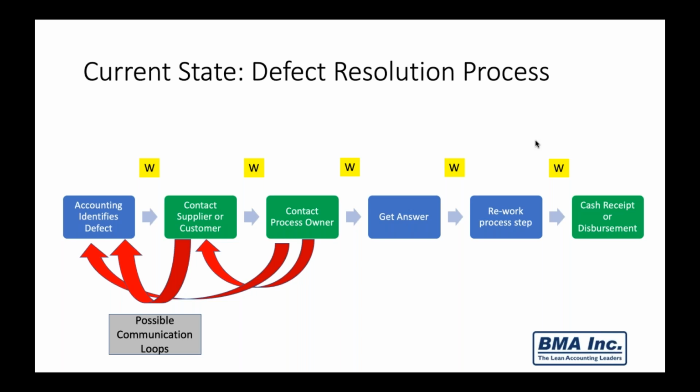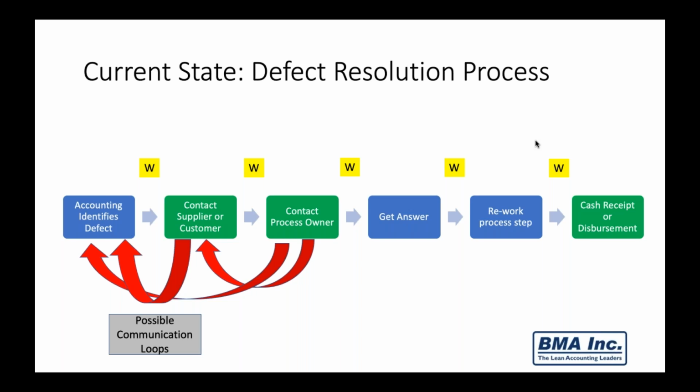And so there's a lot of waiting time there. When I talk about waiting time, the actual work is waiting to get done because we're trying to solve this problem. So eventually we get an answer. There's some rework in terms of a process step or a few process steps. And finally, we result in a cash receipt or a cash disbursement.